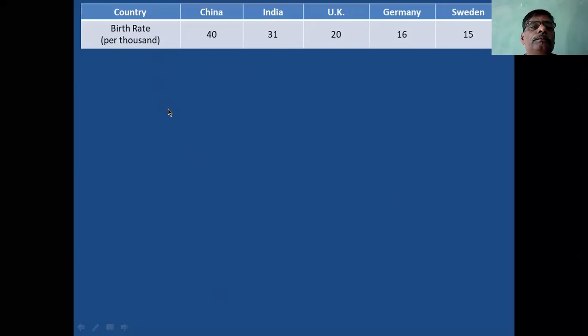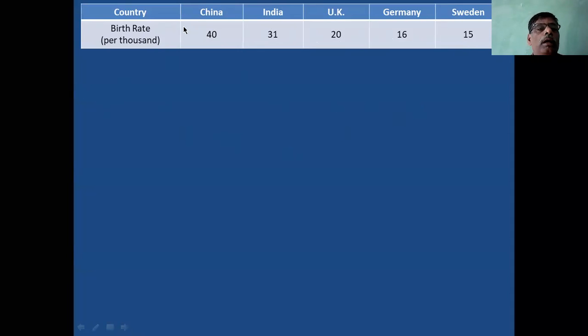In this problem, they have given the country and birth rate in thousand. Country: China, India, UK, Germany, Sweden, and birth rate in thousand is 40, 31, 20, 16, 15.